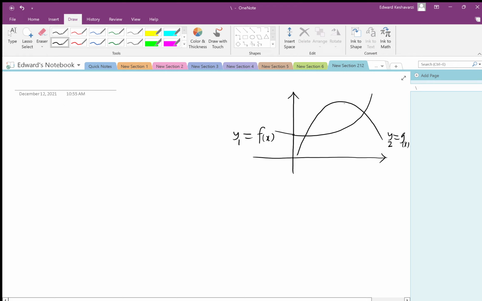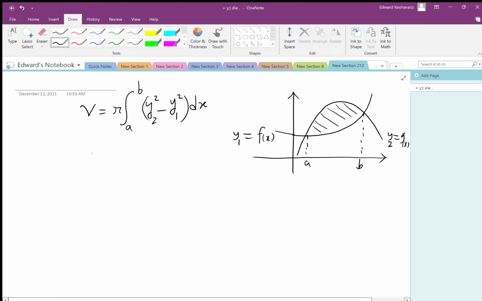So if you revolve the area between these two curves about the x-axis, we are going to use this formula. Volume is pi integral from a to b farther squared, in this case farther is y2 from the x-axis, minus y1 squared dx.